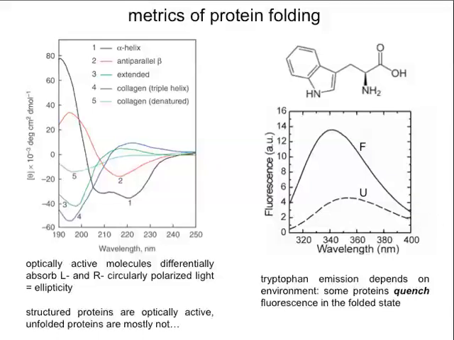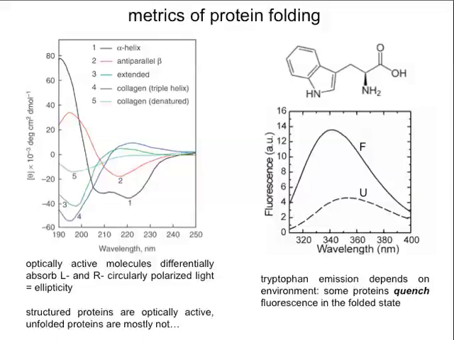If we excite this guy by exposing it to radiation at, say, 280 nanometers, that's the peak of its absorbance, by the way, and we monitor where it emits light, then we see that over this wavelength range, 300 to 400 nanometers, we have a peak at 340, but that we lose that, in this case, for whatever this protein is, doesn't really matter, when we expose the tryptophan to water, right?